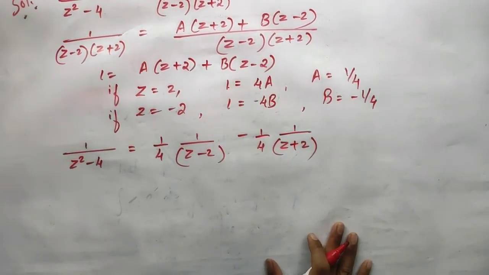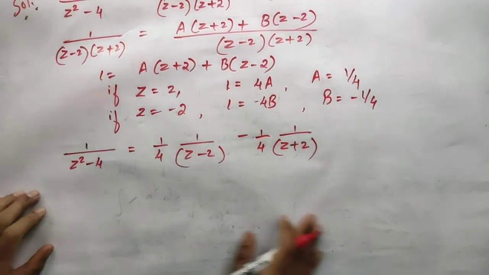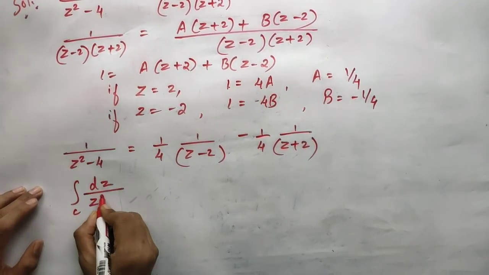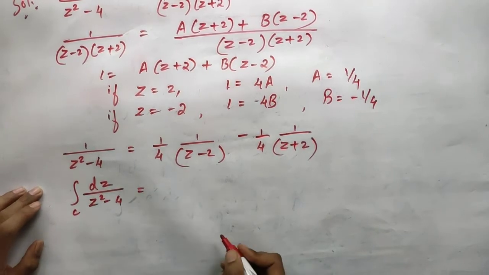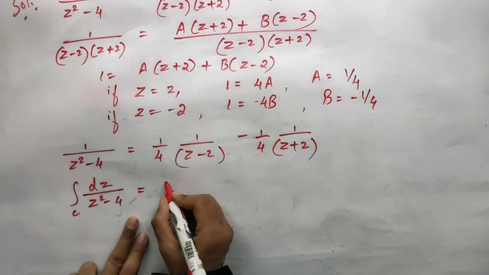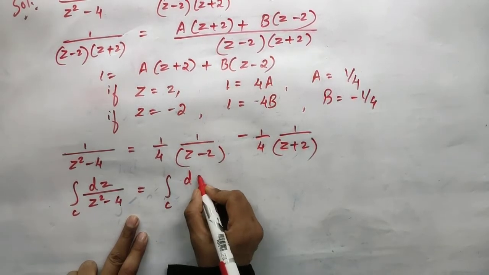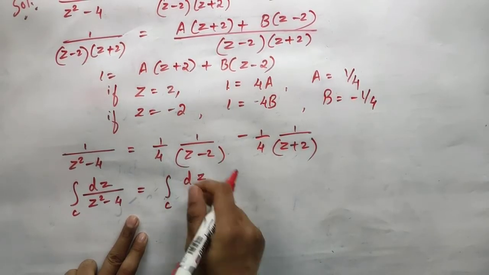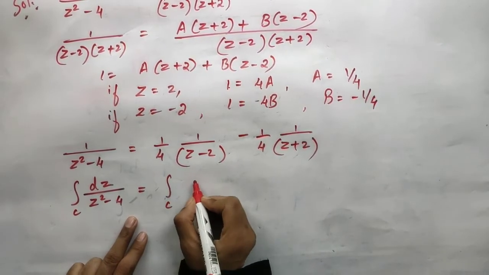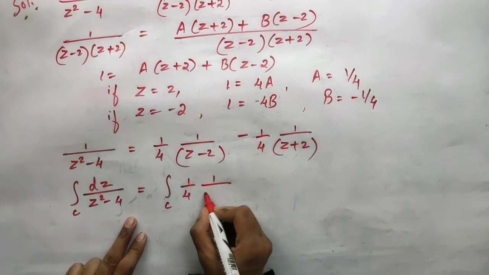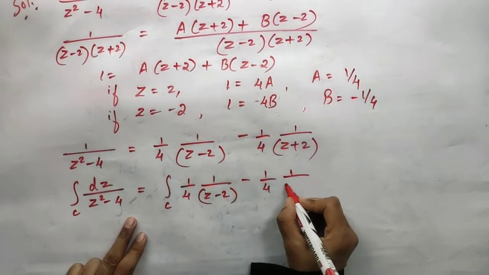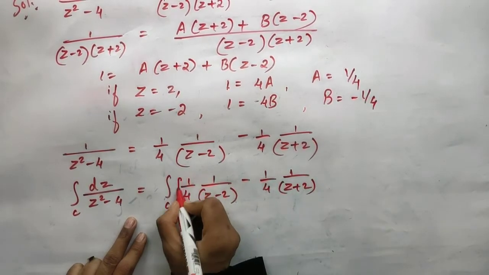Once you get these two resolved fractions, now let us write the integration over the curve C of dz divided by z square minus 4. I have to substitute the values now. So I can write it as the integration over C of 1 by 4, 1 divided by z minus 2, minus 1 by 4, 1 divided by z plus 2, into dz.